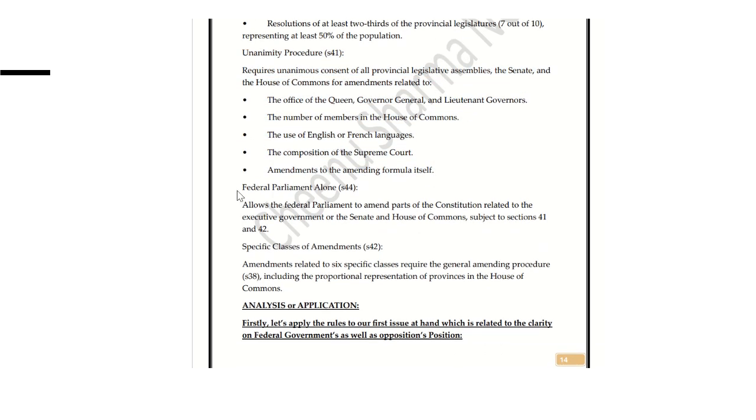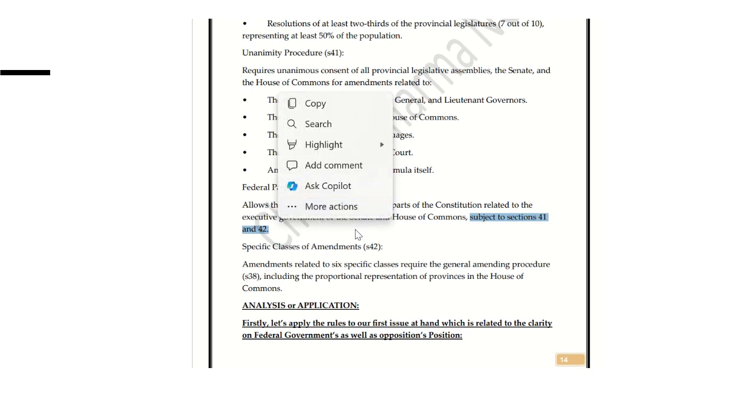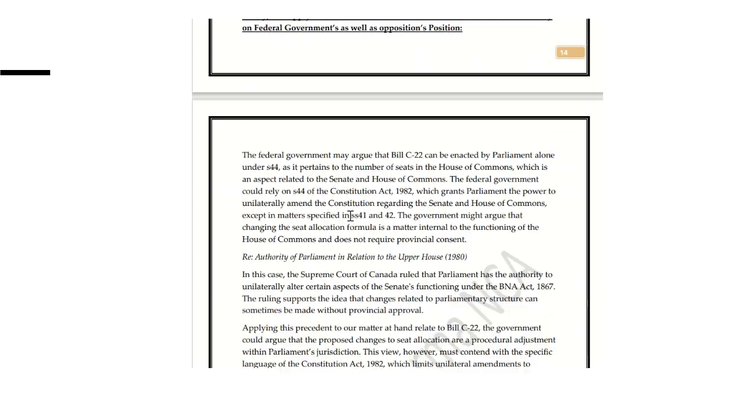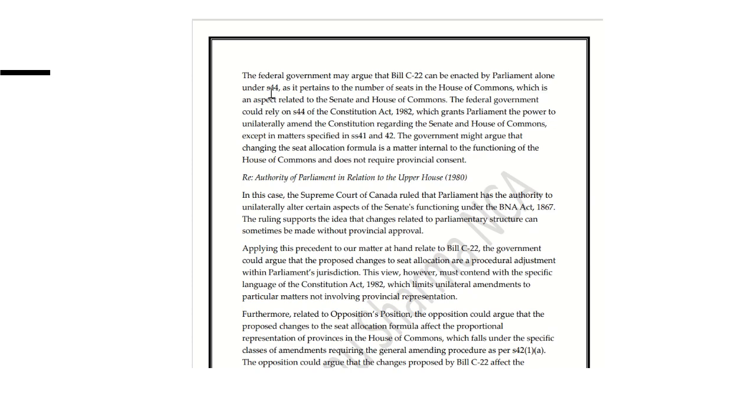Section 44 allows the federal Parliament alone to amend parts of the constitution related to the executive government or the Senate and House of Commons, subject to sections 41 and 42. So here the federal Parliament is bringing this section into the picture. You have to mention this section first in your analysis to justify the federal government's position.